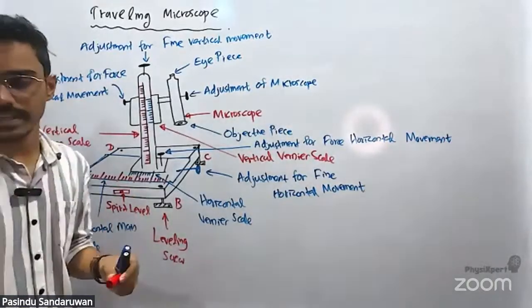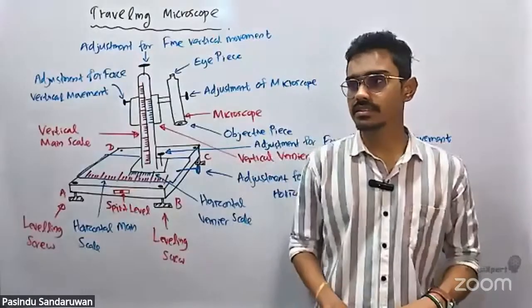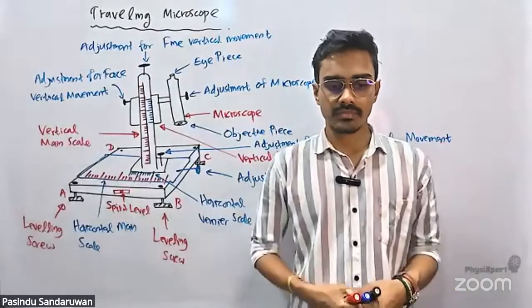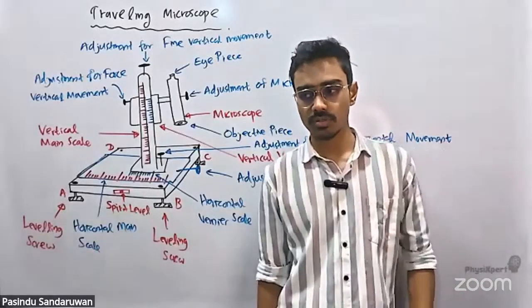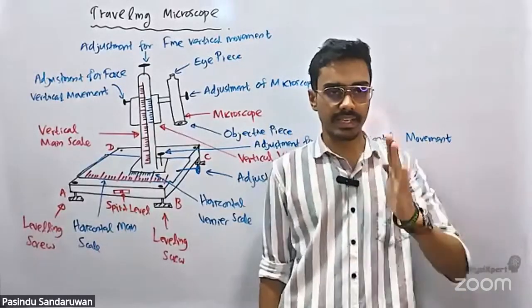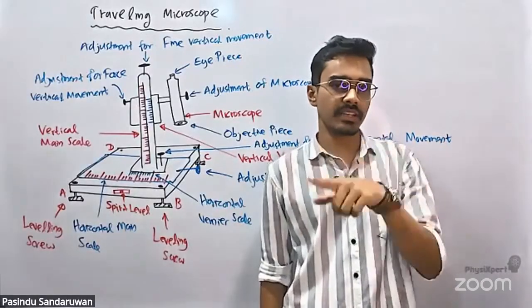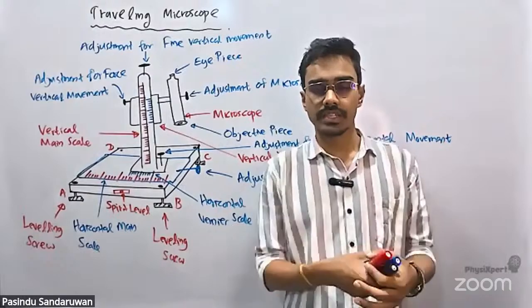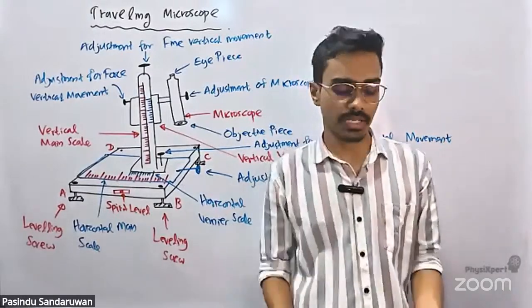Have you seen spirit levels, students? Masons mostly use them when they need to check a level. Have you seen an instrument with an air bubble inside a liquid, something like this?